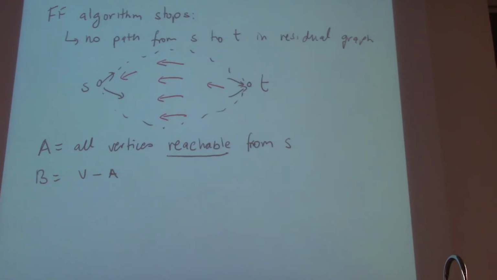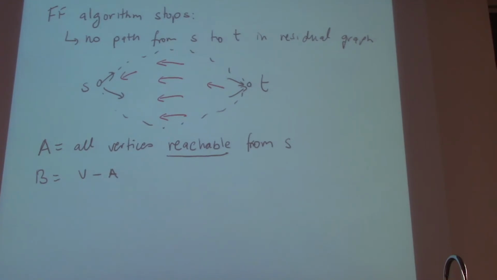Yes. What is a valid S-T cut? It has S on one side and T on the other. Why is this a valid S-T cut? Because we can't reach T from S. Therefore, S must be in A and T must be in B.